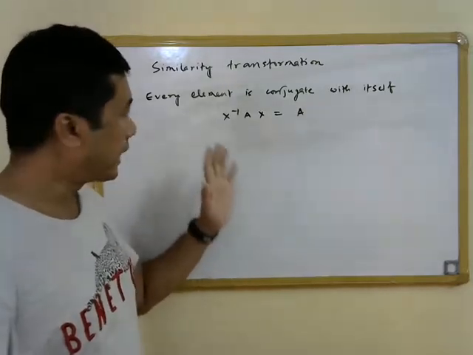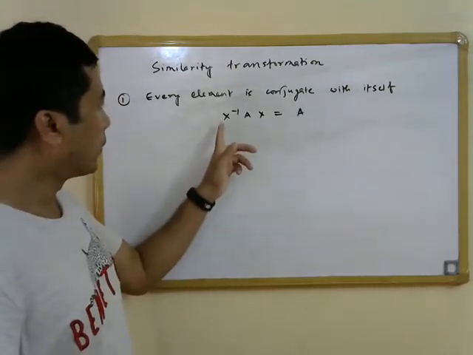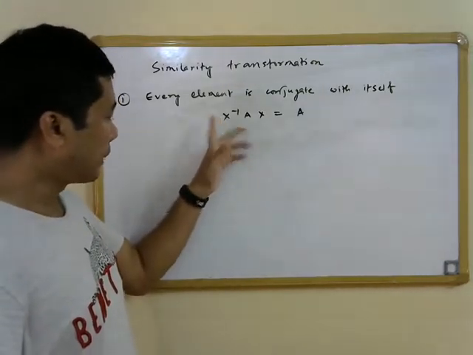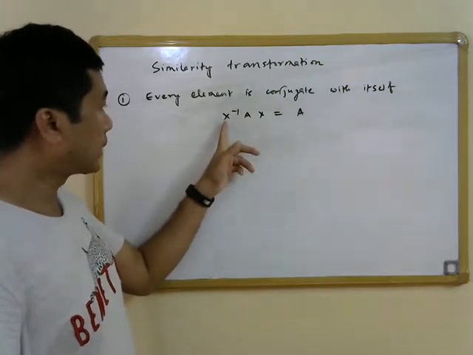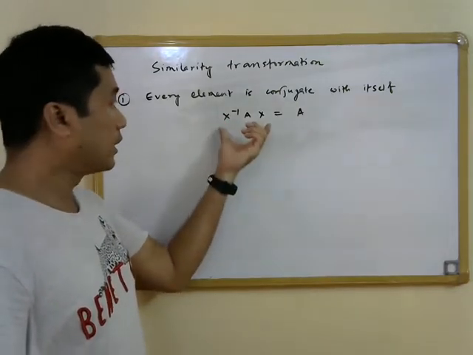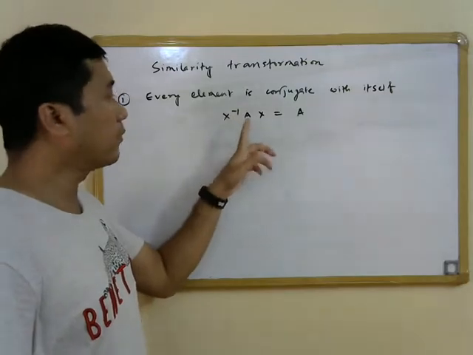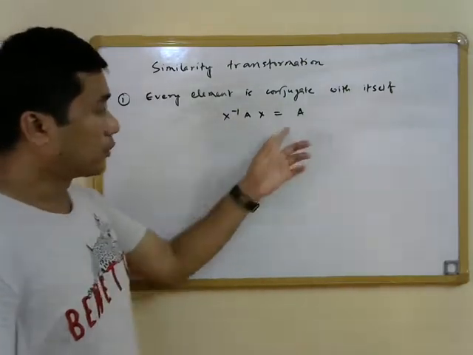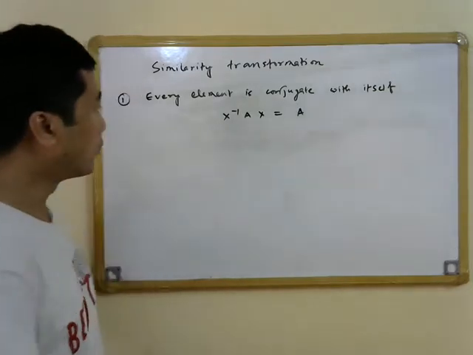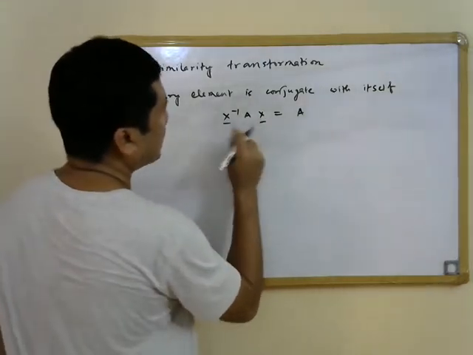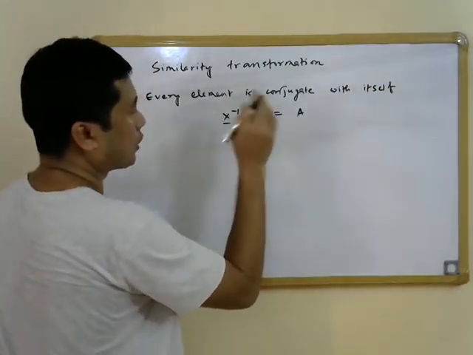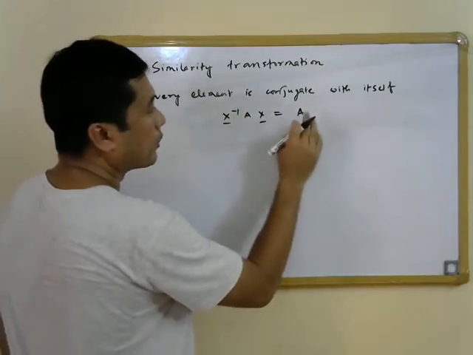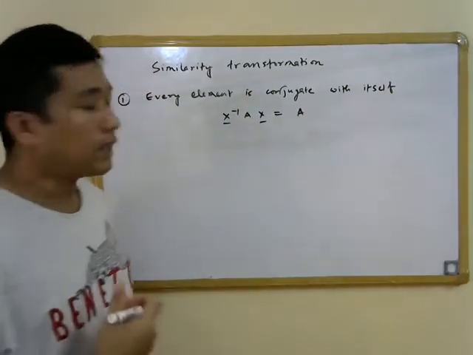So there must be an element X in the group such that when we do X inverse A X, that is, the similarity transformation on A by the element X, we get the answer equal to A only. So we must have an element X such that when we do a similarity transformation on an element of the group, we get the same element as the result.